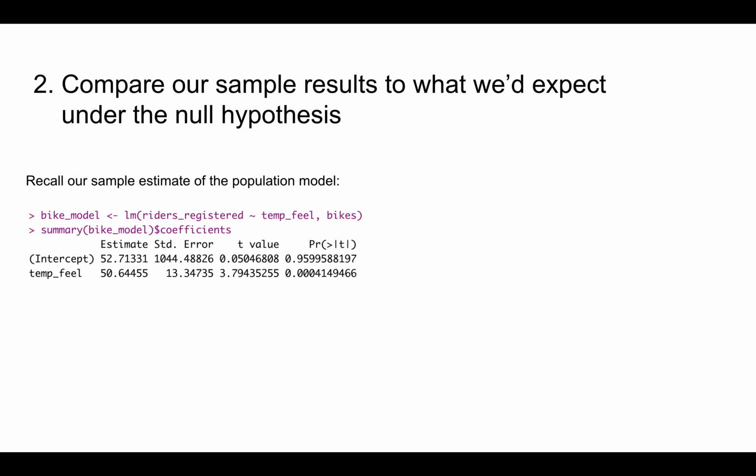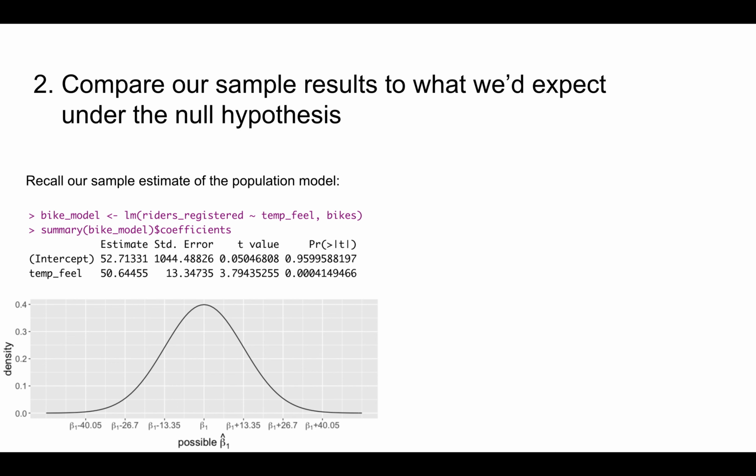In particular, note that our estimate of the temperature coefficient, 50.64, has a potential standard error of 13.35. As such, the central limit theorem provides the following approximation of the sampling distribution of the sample temperature coefficients. Mainly, we can assume that the sample estimates are normally distributed around the actual temperature coefficient beta 1, which we don't know.